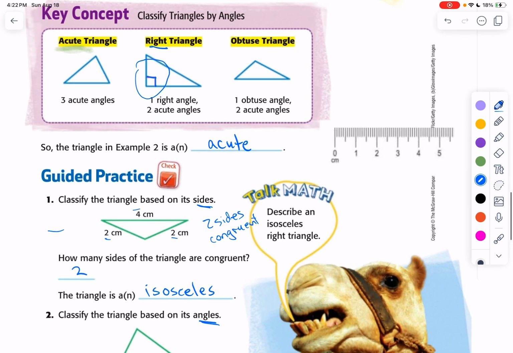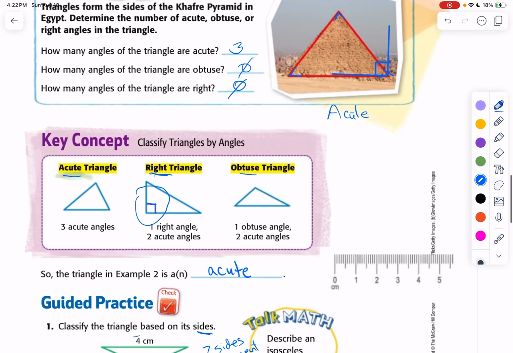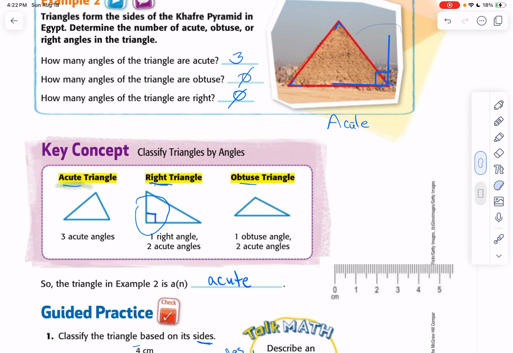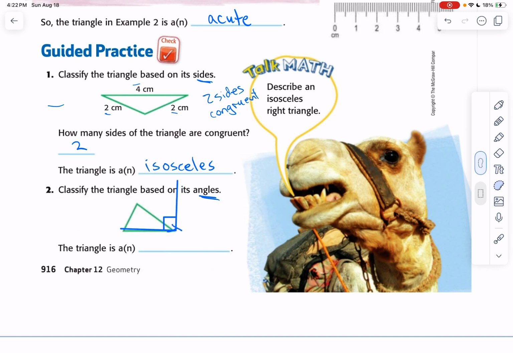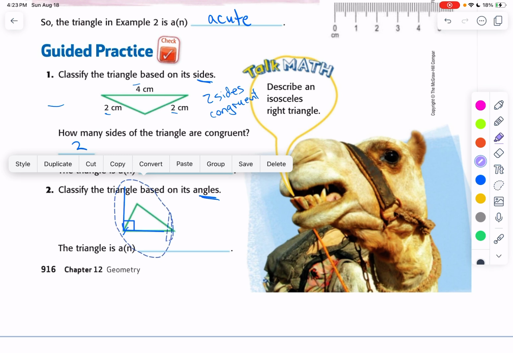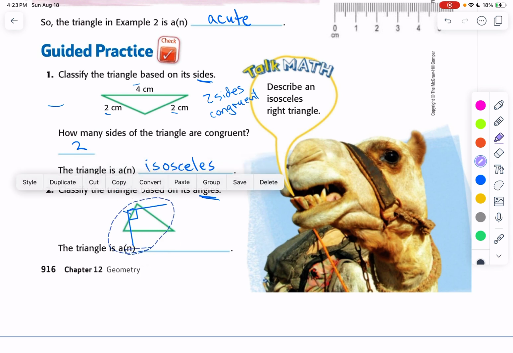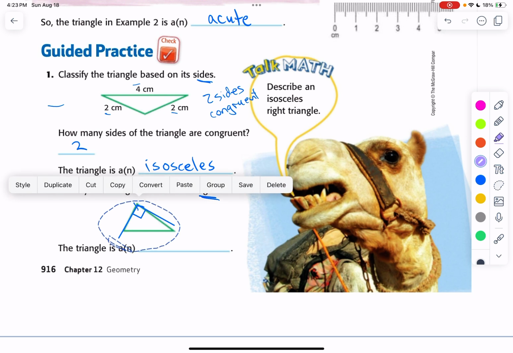Now let's classify by angles, which means acute, right, or obtuse. Let's grab this sheet of paper that I made and bring it on down. You could just use a handy sheet of paper that you have. Well, this angle right here is definitely acute. It's way less than a 90-degree angle. Let's try the next one. Is this one a sheet of paper? Definitely no, also acute. How about this one? And none of them had that little box.